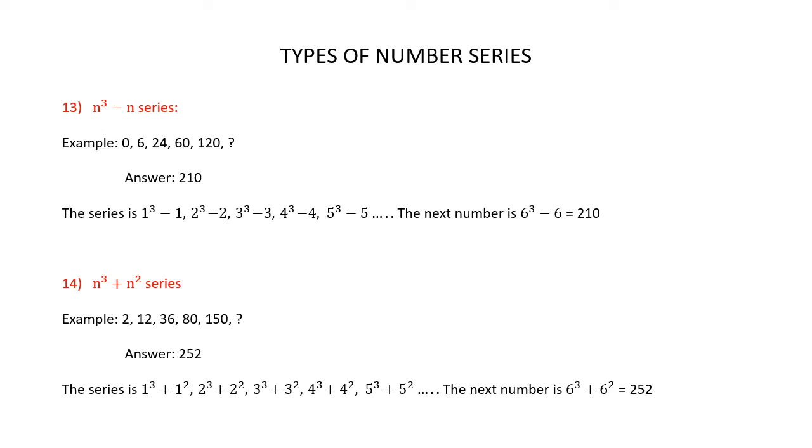So the next number will be 6 cubed plus 6 squared, which is 252. So the answer is 252, and this series is a n cubed plus n squared series. Hope you got it.